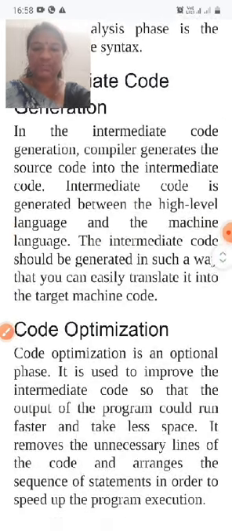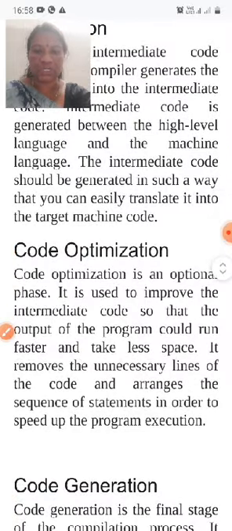The next phase is code optimization. From the name itself, we can easily identify it as an optimization process. At the same time, it is an optional phase in the phases of compiler, which is used to improve the intermediate code, so that the output of the program could run faster and take less space.